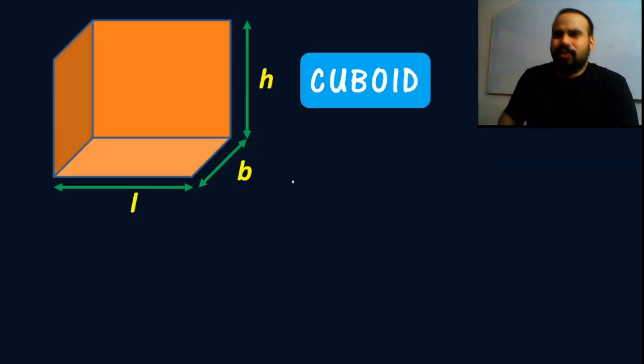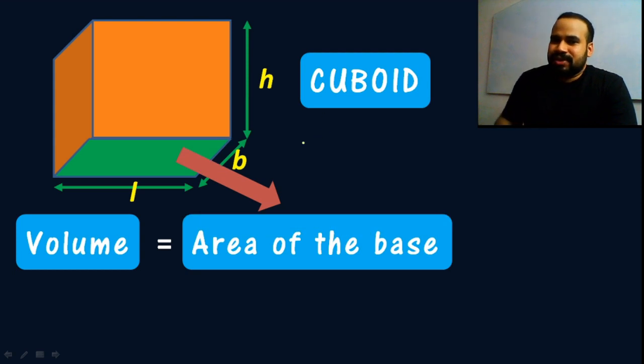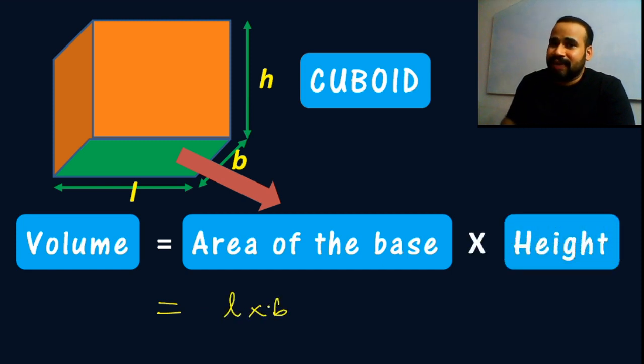To find the volume of a cylinder, we will use the example of a cuboid. To find the volume of a cuboid, we first found out the area of the base. The area of the base is L into B. For that, we multiplied the height.